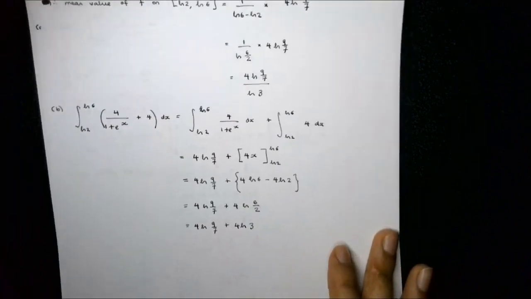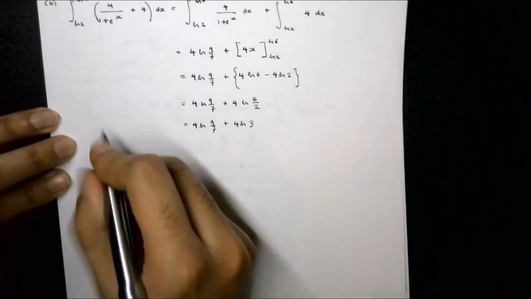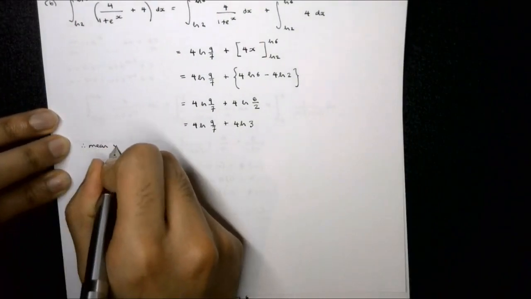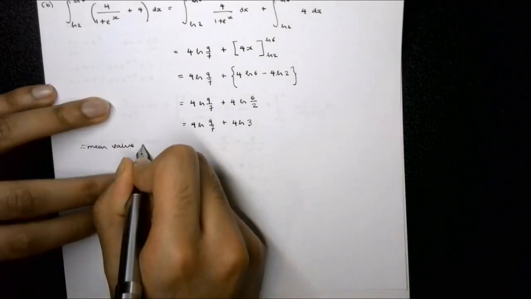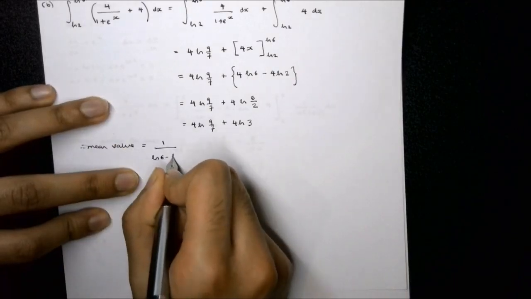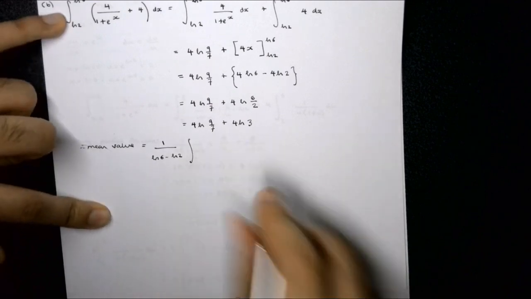So therefore, if we were to find out the mean value, that's equal to 1 over the natural log of 6 minus the natural log of 2, of this result over here.